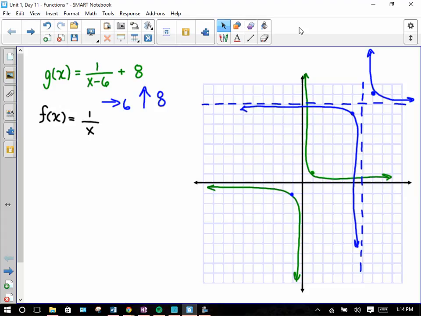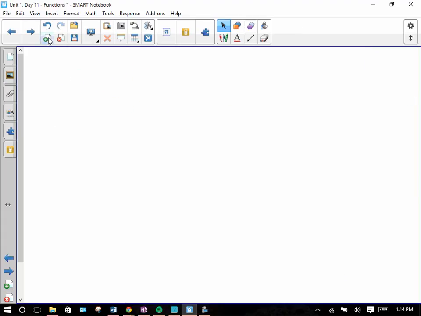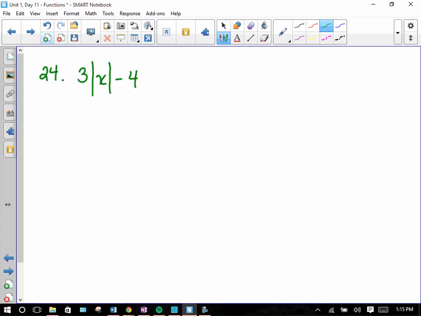So do we want to look at any of those? So why don't we look at, so 24 says this. g of x equals 3 times the absolute value of x minus 4.